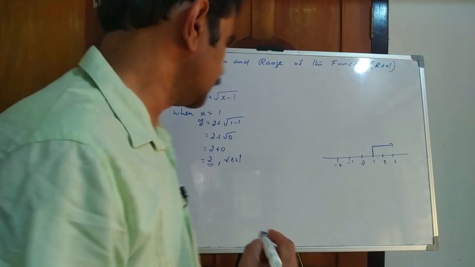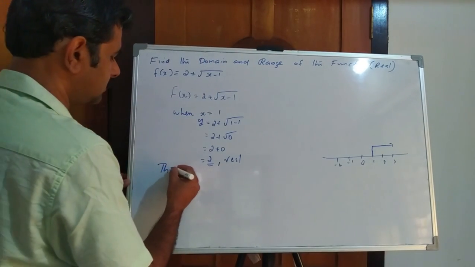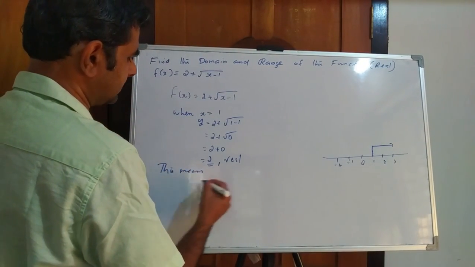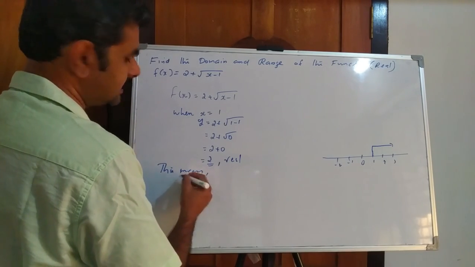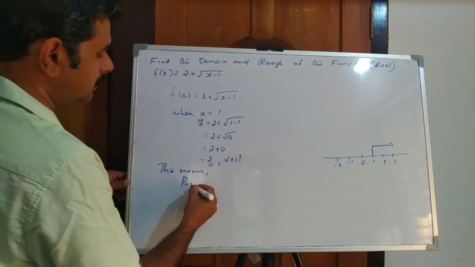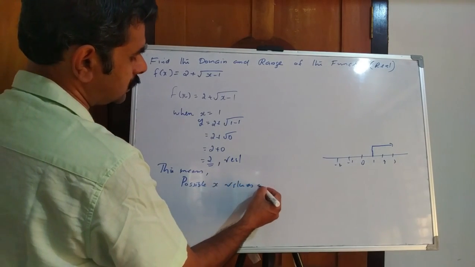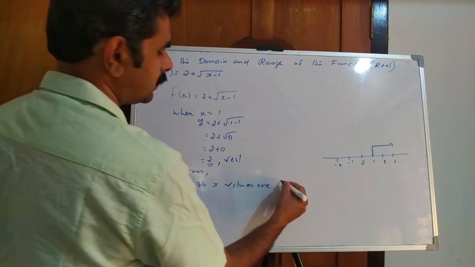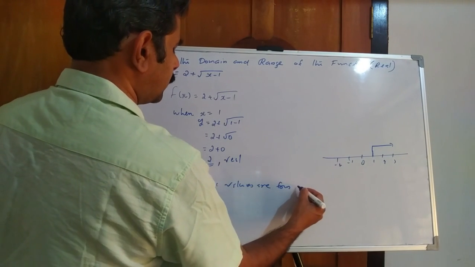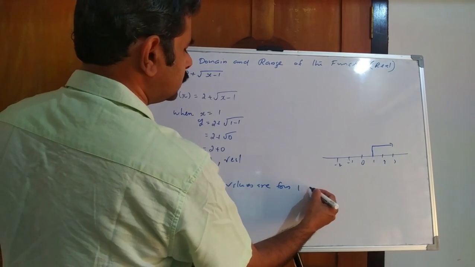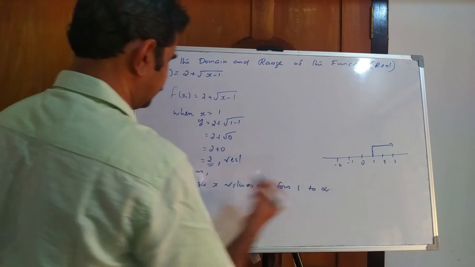Possible x values are from 1 to infinity.